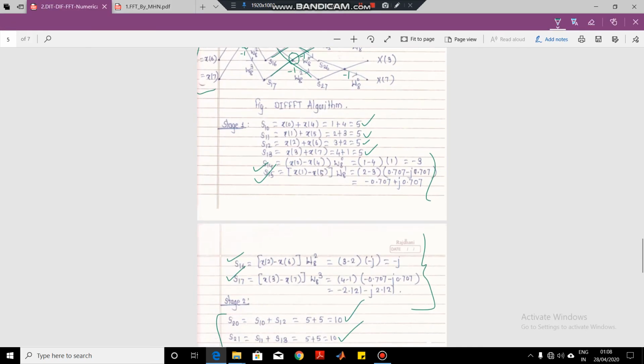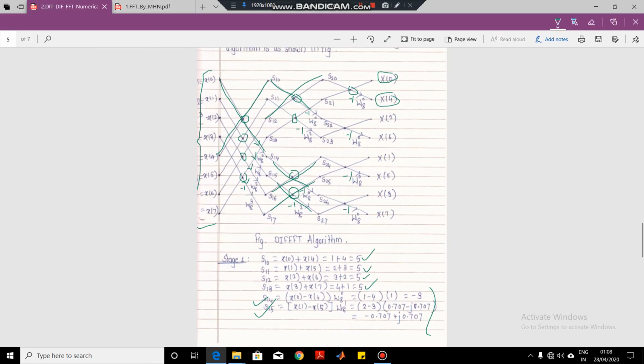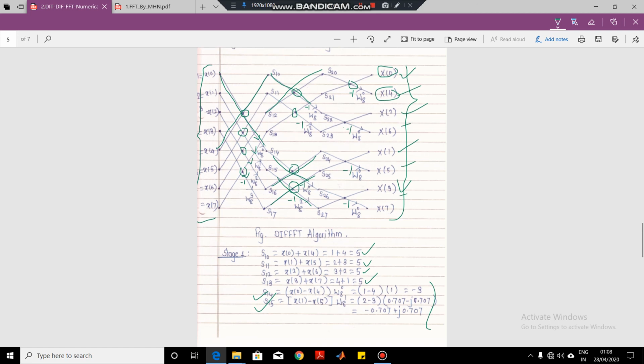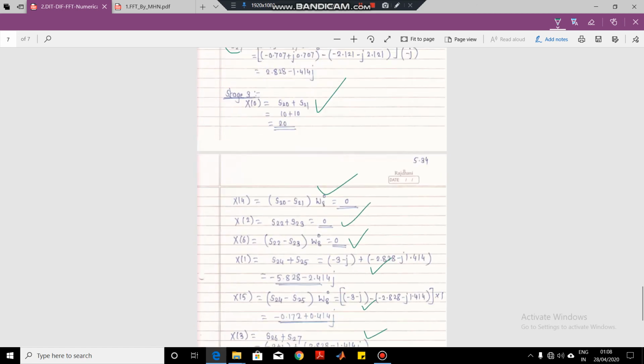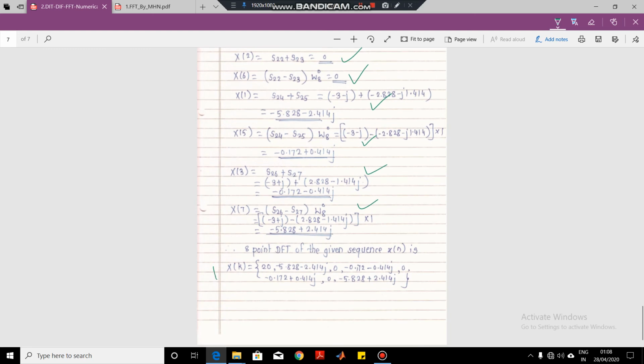The output here is 0 4 2 6 1 5 3 7, so you have to rearrange it. My first output is x of 0, then 1, then 2, then 3, then 4, then 5, then 6 and then 7. Once you arrange the output, you can write it like this.